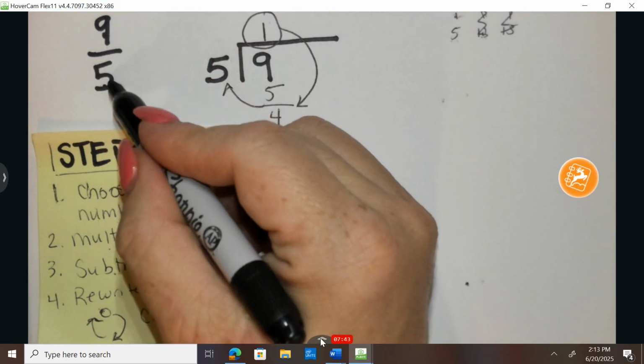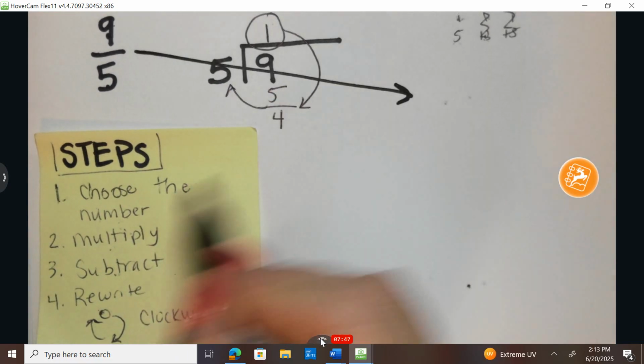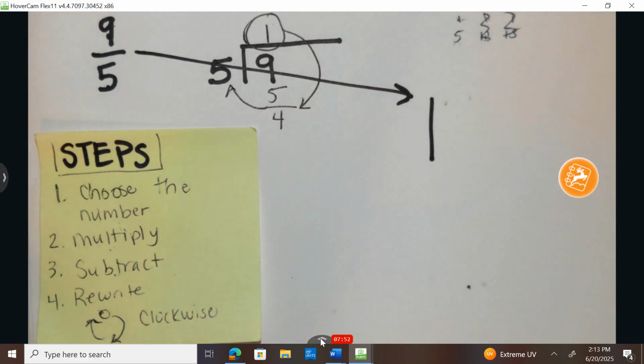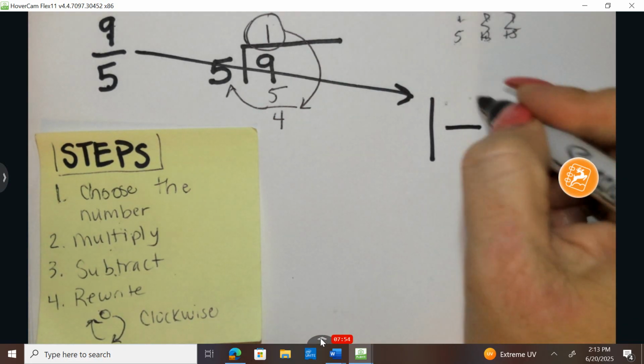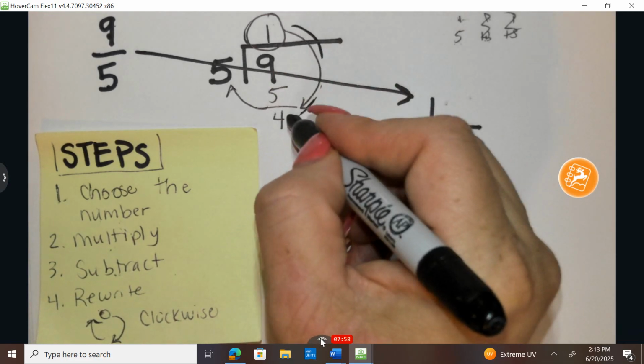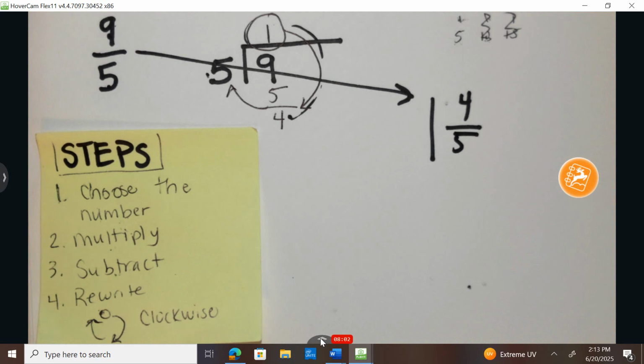So 9 divided by 5 as an improper fraction is equal to, okay, this is always the large number. It's the whole number in the mixed number. And then this is the proper fraction. And it's always going to be, okay, I'm picking up a 4 and writing it over 5.